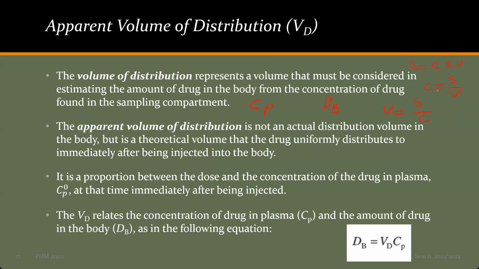So just here the solute is the drug in the body. If we use the concentration of drug in plasma, then the volume is the volume of distribution. So you can say volume of distribution equals amount of drug in the body divided by concentration of drug in the plasma. This is the way we calculate the volume of distribution.